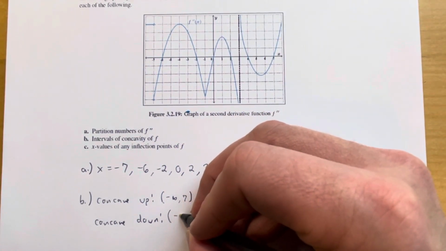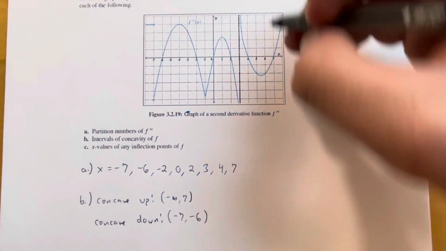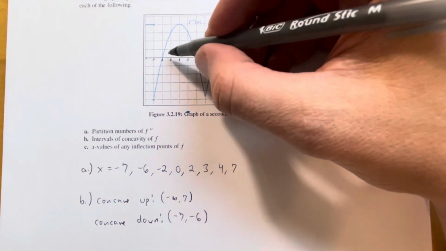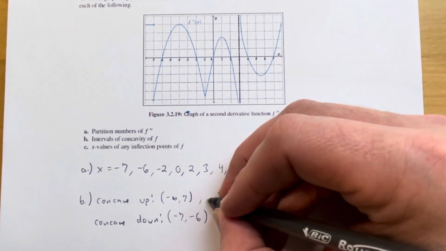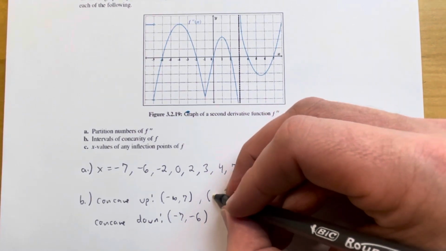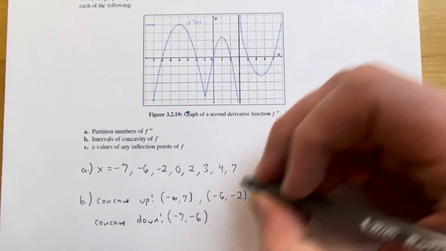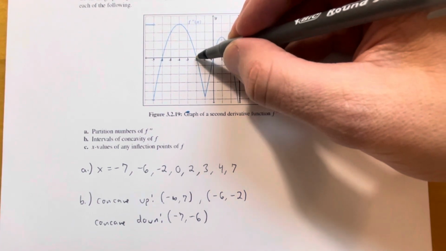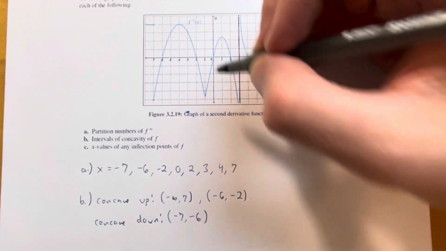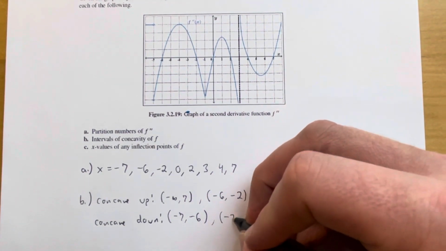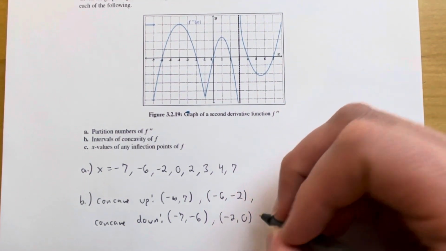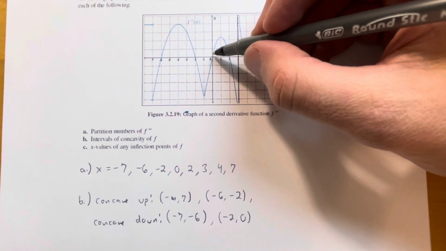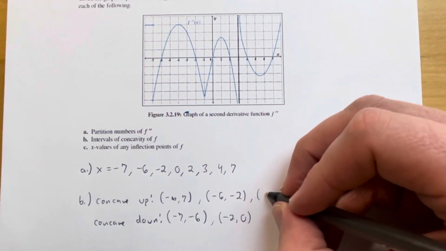That goes from negative 7 to negative 6. Above the x-axis from negative 6 to negative 2, so we're going to be concave up there, negative 6 to negative 2. Then we're below the x-axis from negative 2 all the way up to 0. So that's going to be negative 2 to 0. We're above the x-axis from 0 to 2, concave up there.